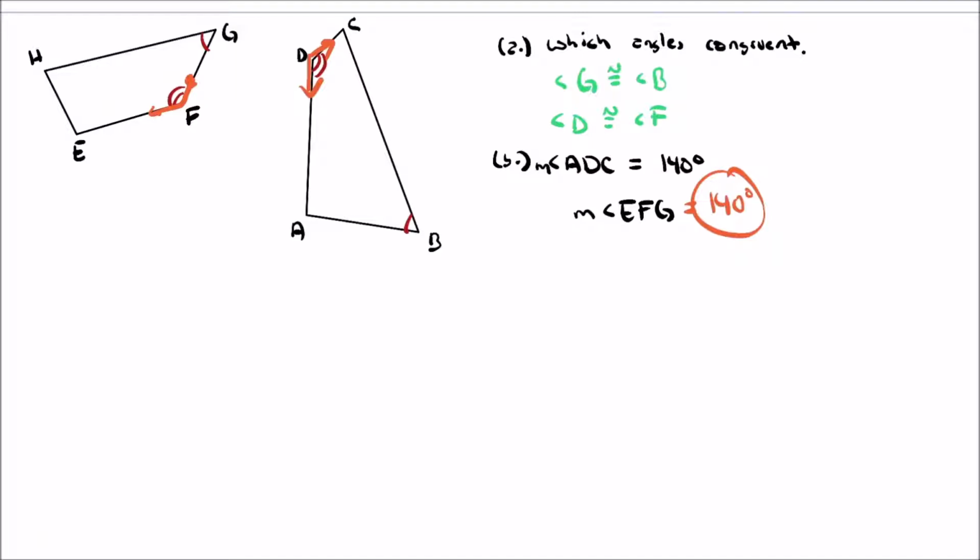And now the cool thing about angles is that if you have two angles next to each other, you can actually add their measurements up to find a larger angle. And so that's going to be called the angle addition postulate.